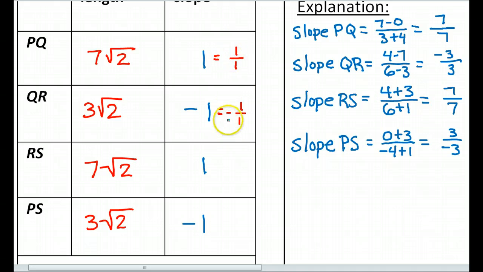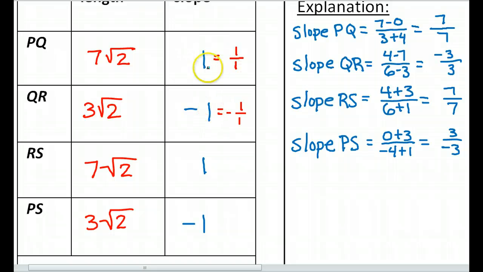So these are, in fact, reciprocals of each other as well. So 1 and -1 are opposite sign, and they are also reciprocal. That means these are perpendicular, so this is a rectangle.